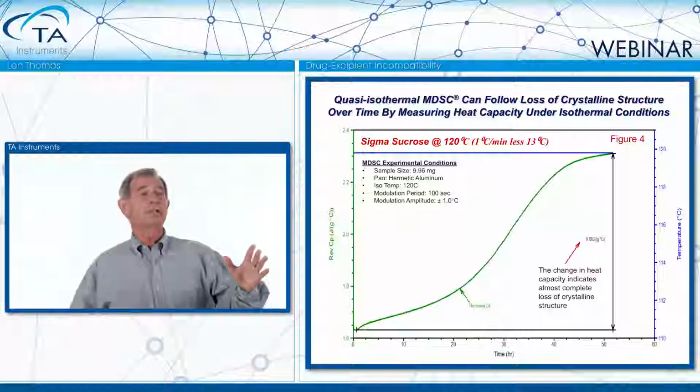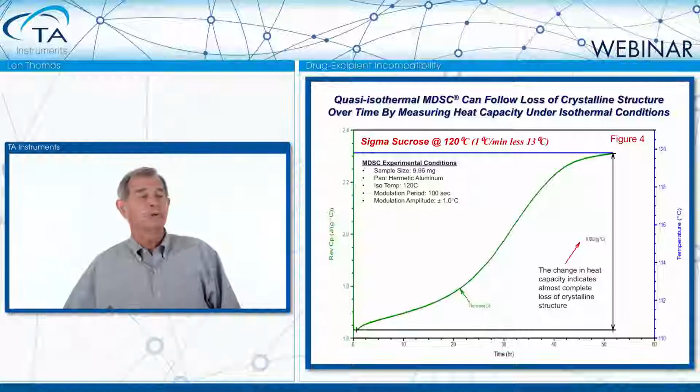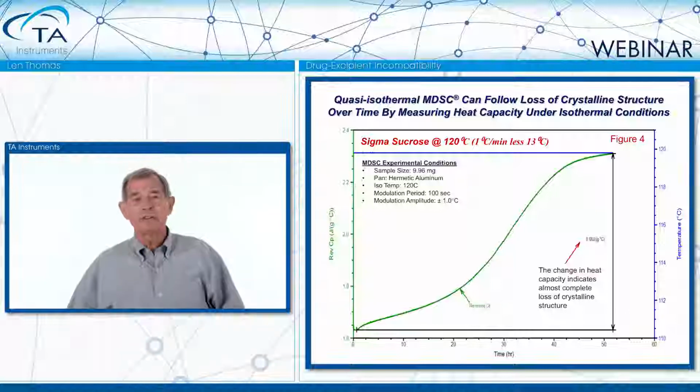All right, so here is that same sample of sucrose, and it's Sigma sucrose, so it's an analytical grade, highly pure sucrose. We're looking at reversing heat capacity on our y-axis versus time.